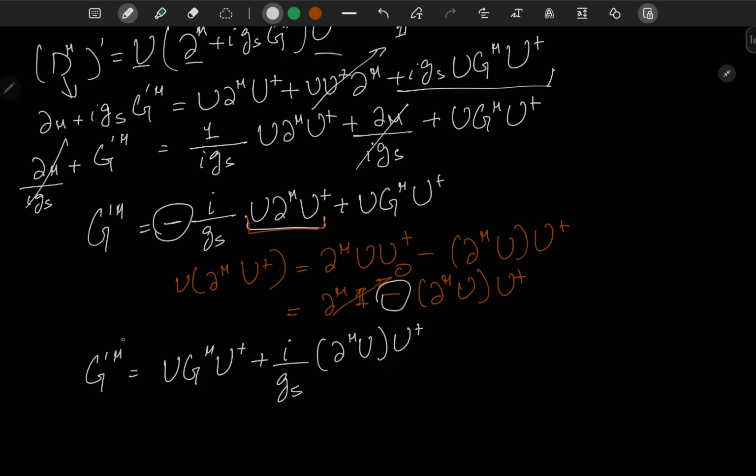So this is how our field transforms, and a similar thing we also saw in the QED case.